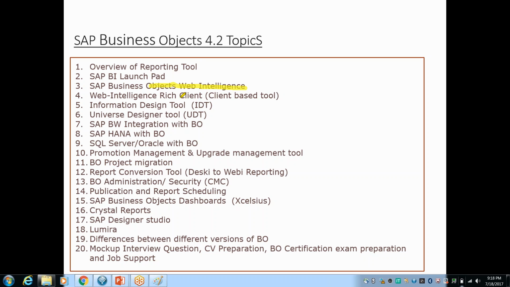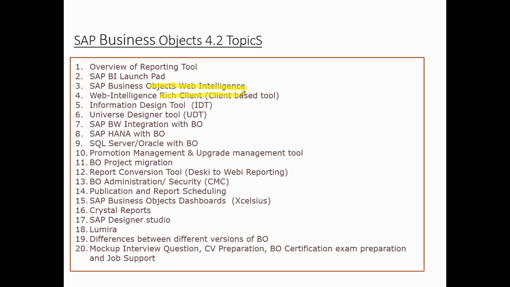And also we have the Rich Client tools. And also there is a dashboard tool, Crystal Reporting, Design Studio, Lumira. So these are the reporting tools in Business Objects. Talking about Tableau, Tableau has only one tool.